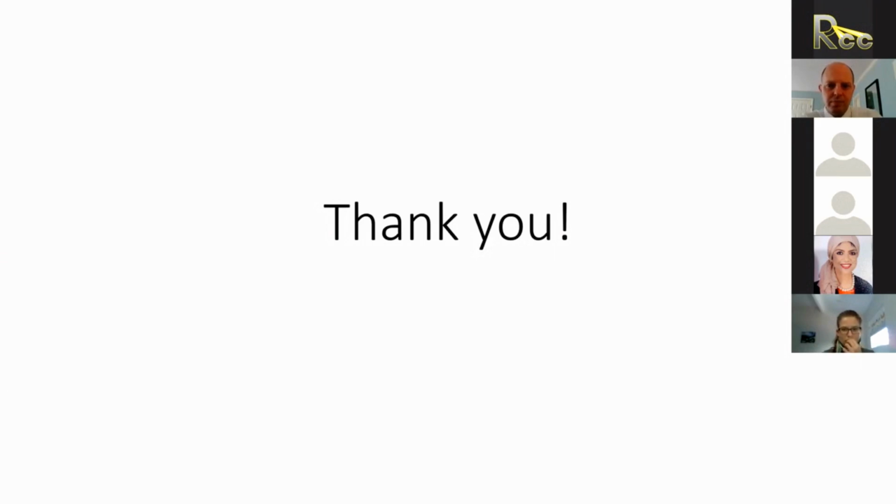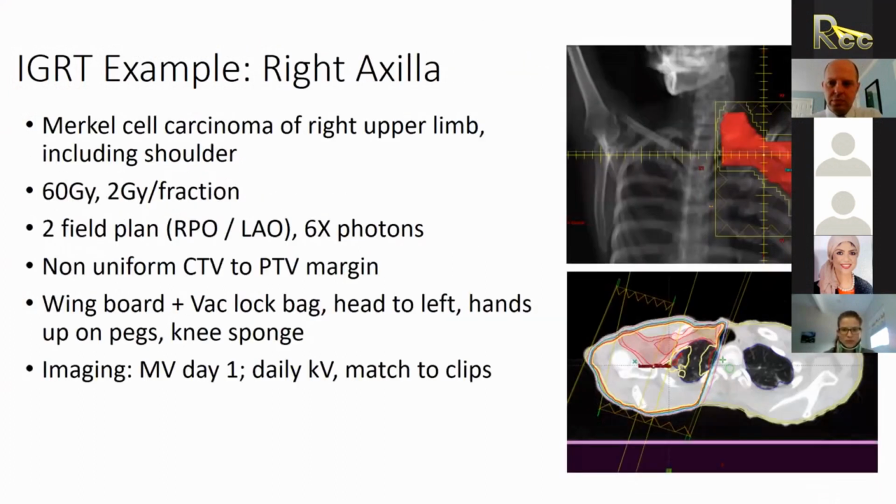Okay, we have another question from Aya. She's asking about the picture of the axillary field that you displayed before as an example of the IGRT protocols, and she said that you said the first imaging was by MV and the others are KV.